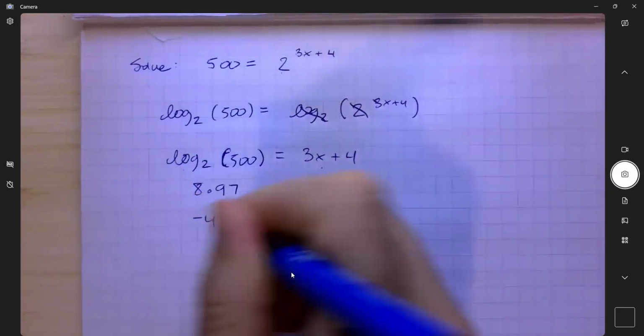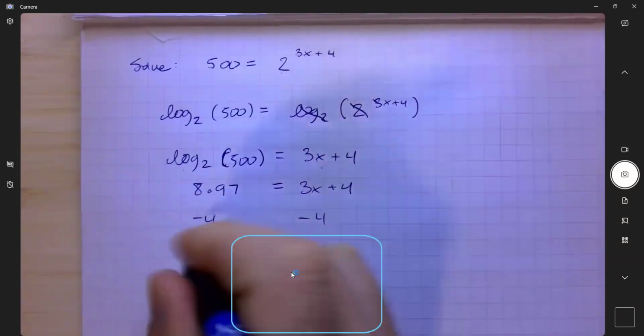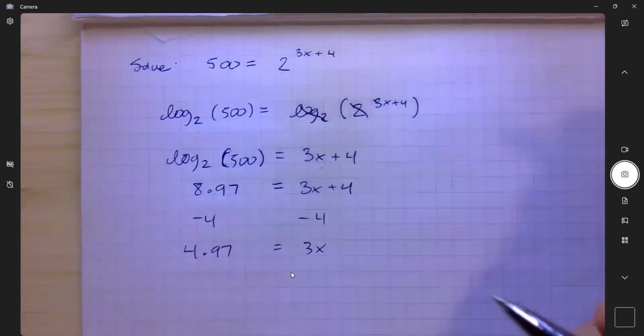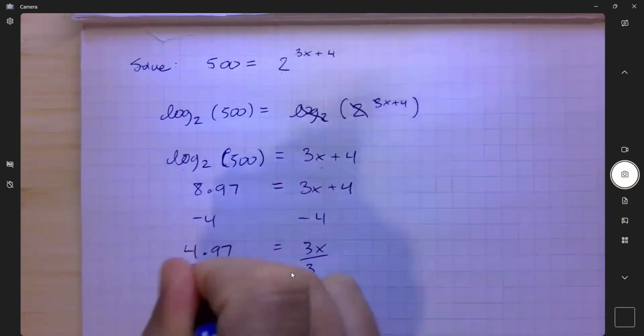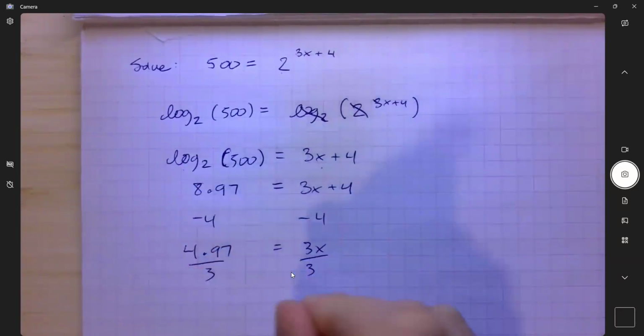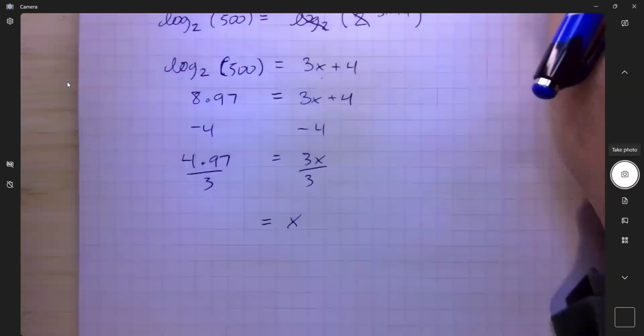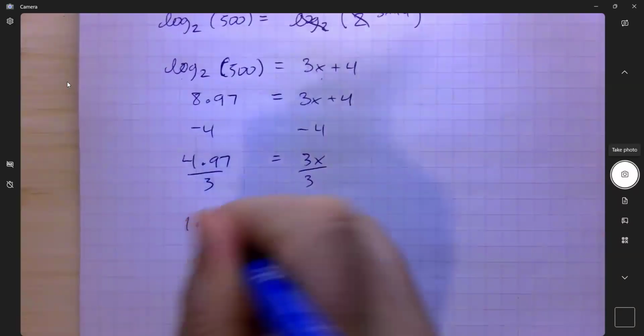Subtract 4 from both sides, and you get 3x is approximately equal to 4.97. Divide both sides by 3, and you get x equals, I'm doing the calculation here in Desmos, 1.66 about. X is about 1.66.